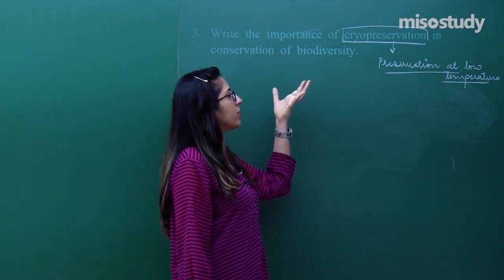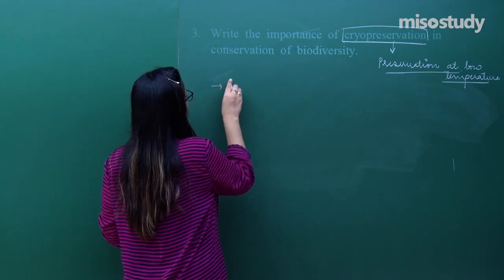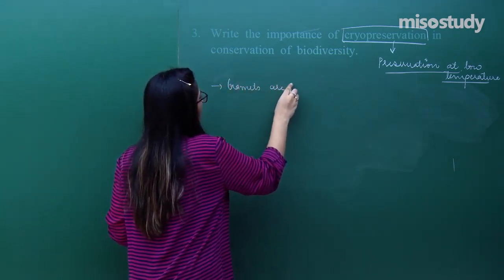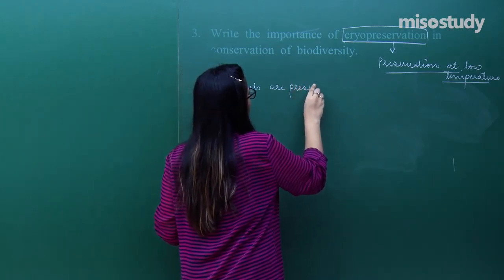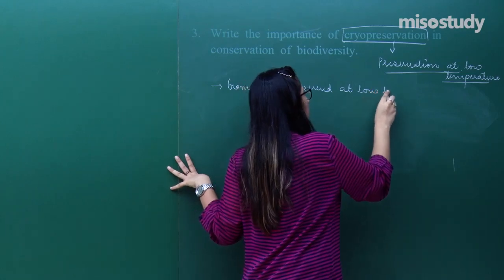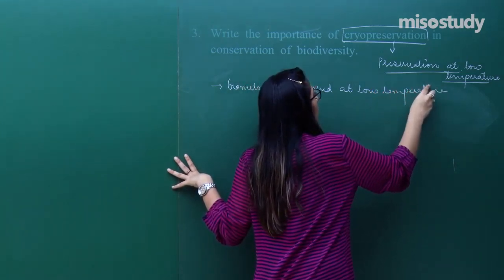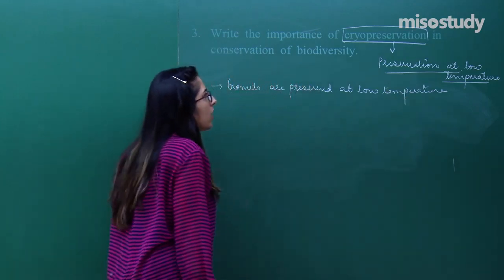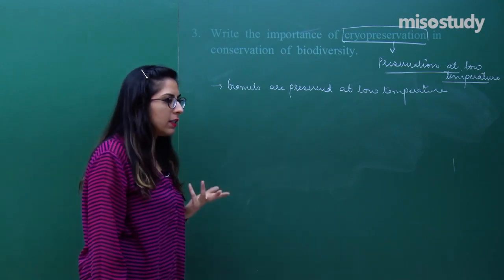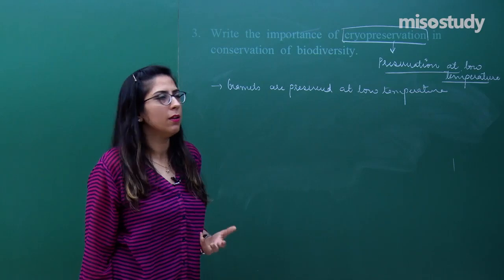Cryopreservation is one of the latest techniques. In this, gametes are preserved at low temperature so that they can be reused. This is basically done for species which are in the endangered category, so that they can be further formed.